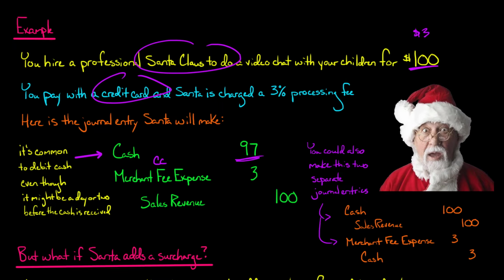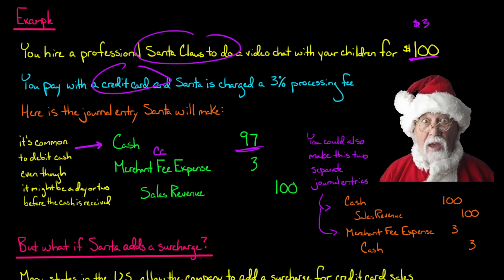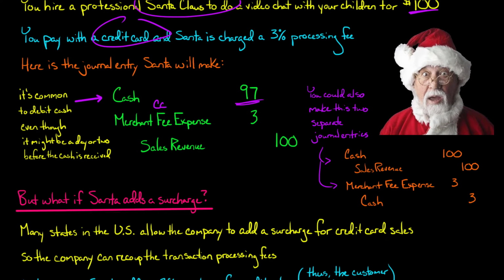Now, you might be wondering, what if Santa adds a surcharge? In the United States, there are some states that allow the company to add a surcharge to basically recover these transaction processing fees. So Santa could say, if you're going to pay with a credit card, then I'm going to charge you a fee of 3%.